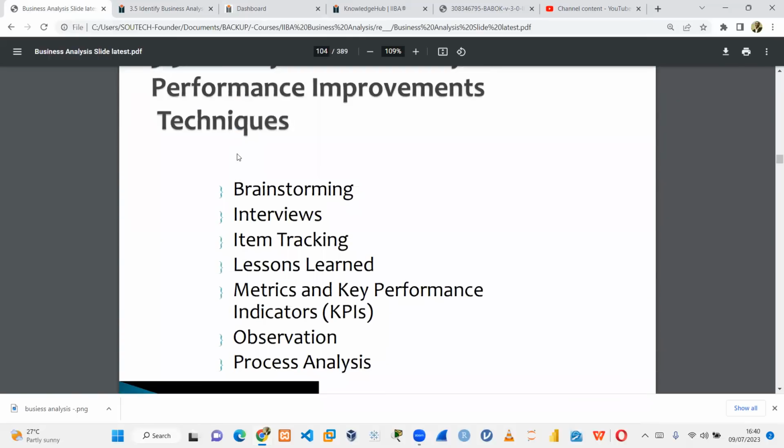So interviews, brainstorming, item tracking, lessons learned. And at times, lessons learned is very, very critical, very, very important, because a business that learns from its previous mistakes will actually make progress.